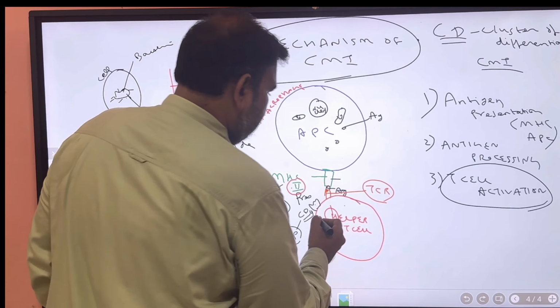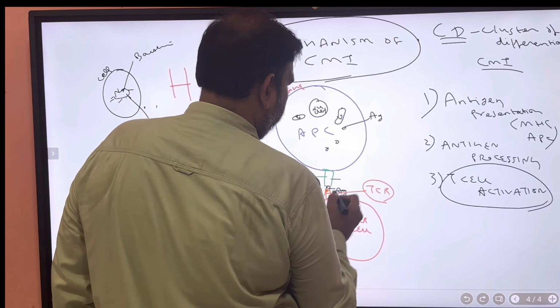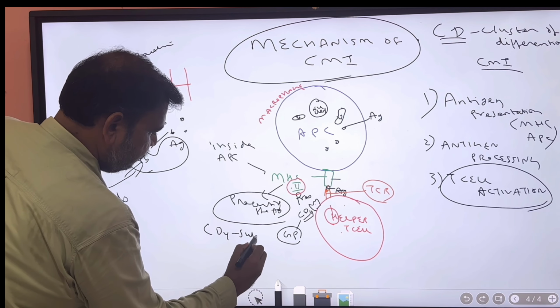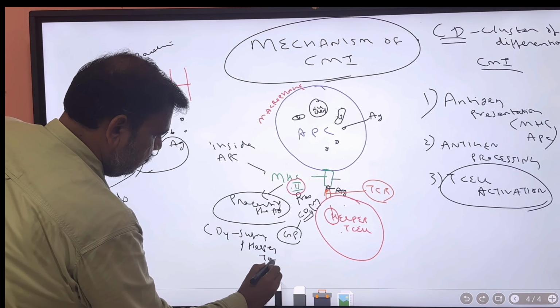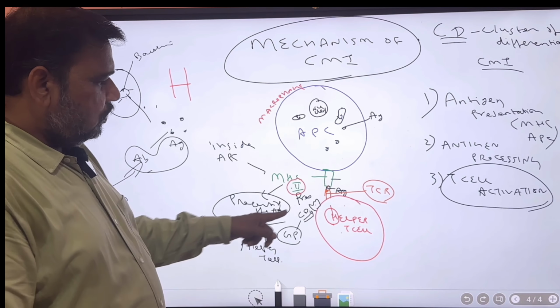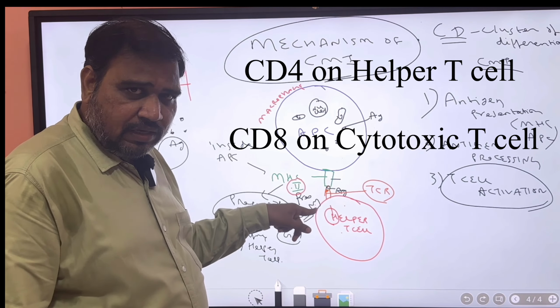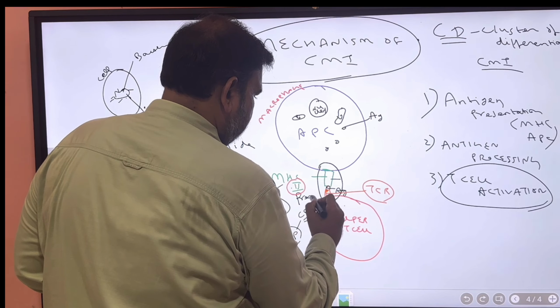Note it down. CD4 is a glycoprotein present on the surface of helper T cell. Now the function of CD4: only if the CD4 is present there, the combination which has occurred is being checked.